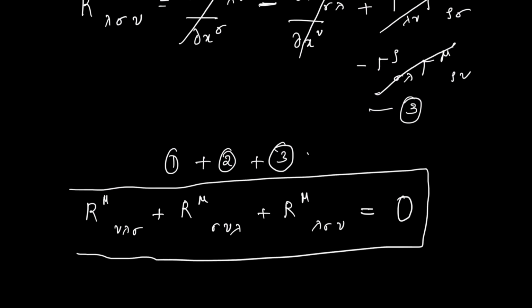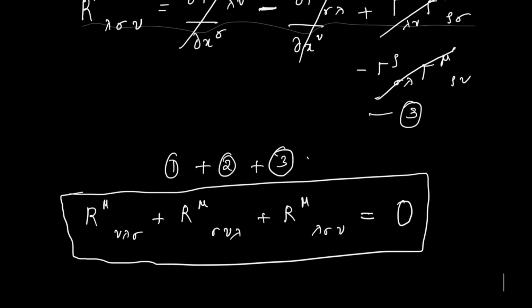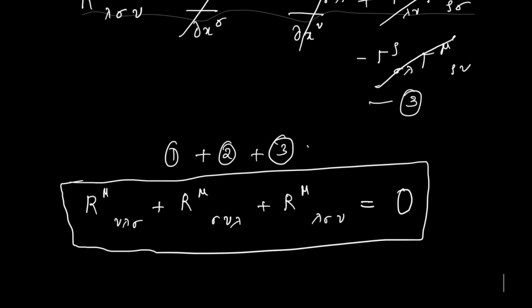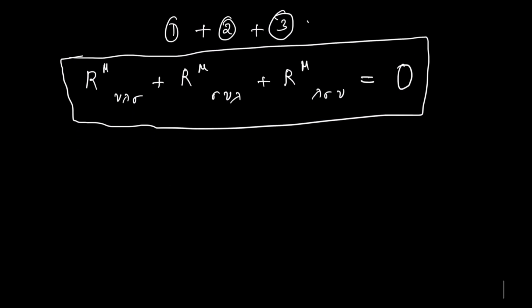So if you take the Riemann tensor and do two cyclic permutations and add all of them, you will get the result equal to 0. Similarly, the sum of the covariant derivatives of this quantity will also be 0.